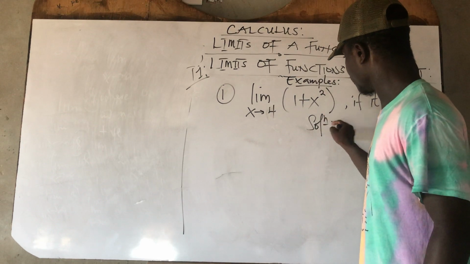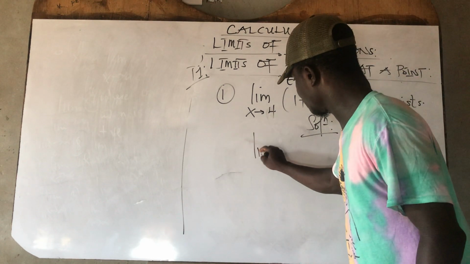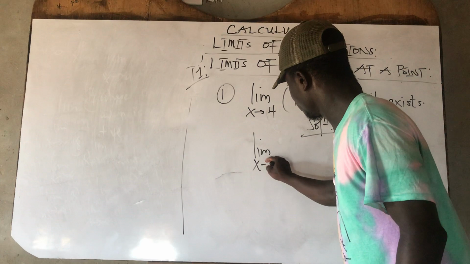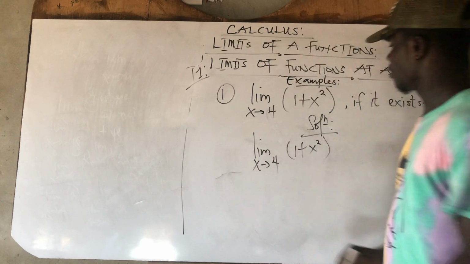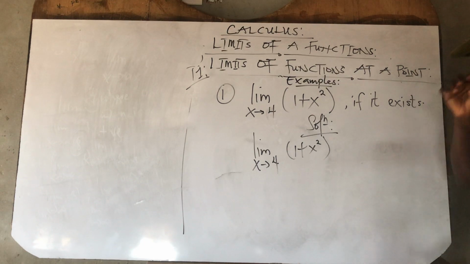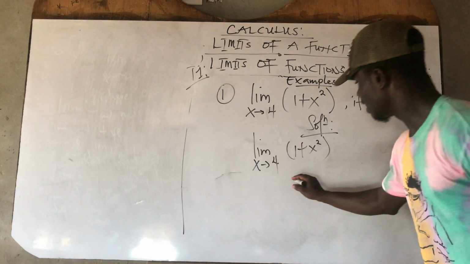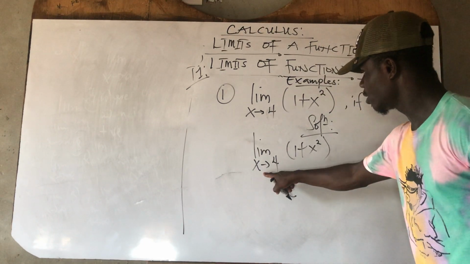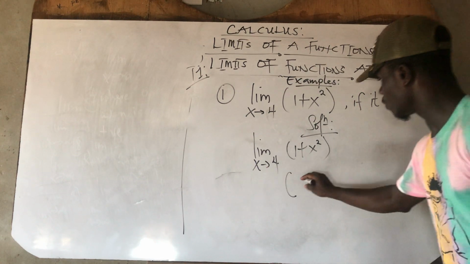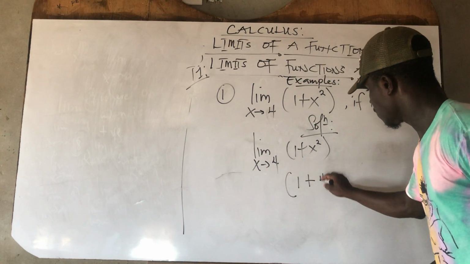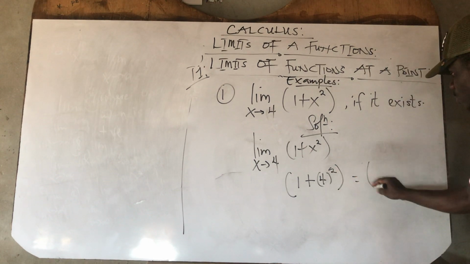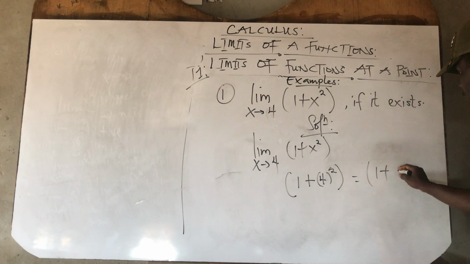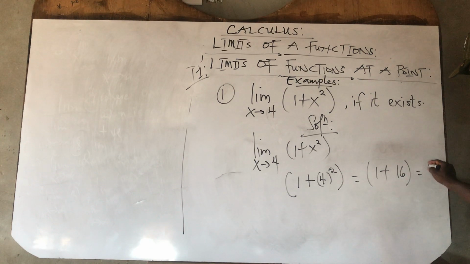Solution: I write the function again, which is 1 plus x squared. The limit as x approaches 4 of 1 plus x squared is found by substituting 4 wherever you see x. So I get 1 plus 4 all squared, which is 1 plus 16, which is 17.